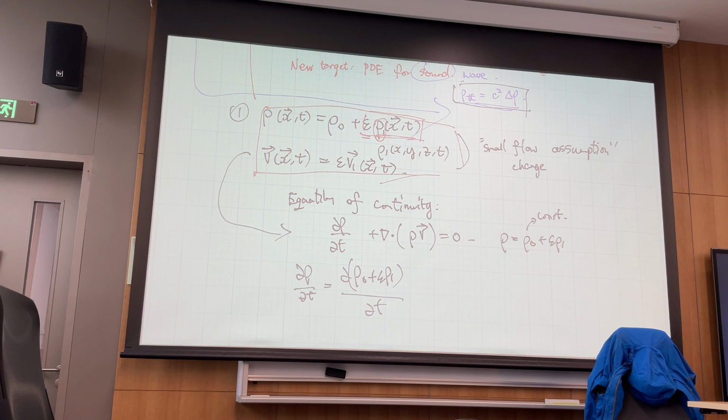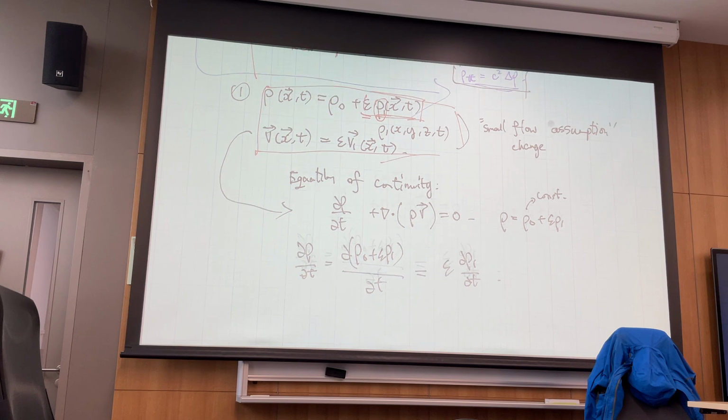Because partial rho 0 partial t is 0, rho 0 is a constant, what I get is epsilon partial rho 1 partial t. So that's good.